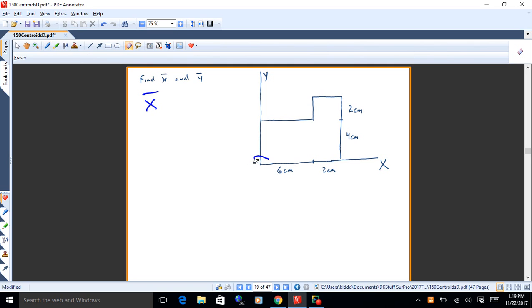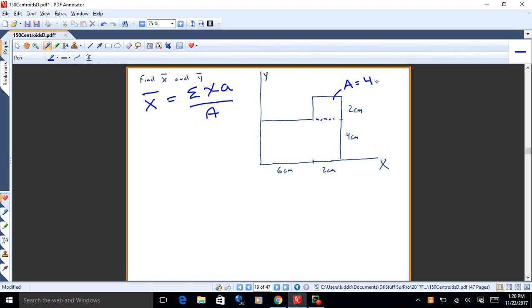To find x bar, we're going to add up the little x bars to the centroids of areas, multiply each by the area itself, and then divide by the total area of the shape, which I'll designate with a capital A. So the thing to do then would be to break this thing up into smaller pieces. Maybe put a rectangle up top there and get the area of that.